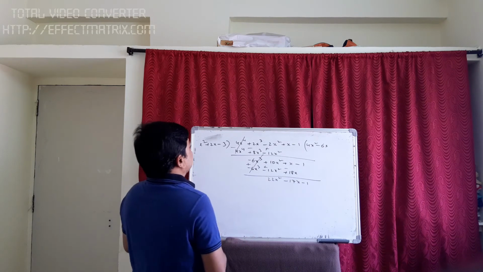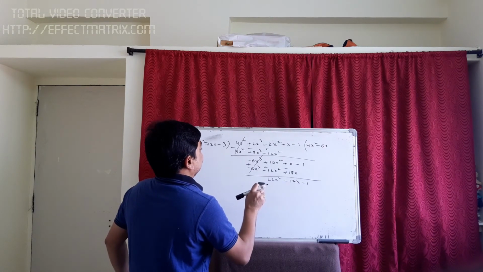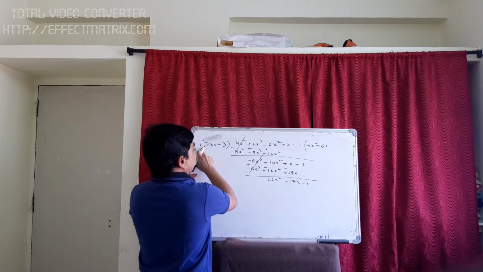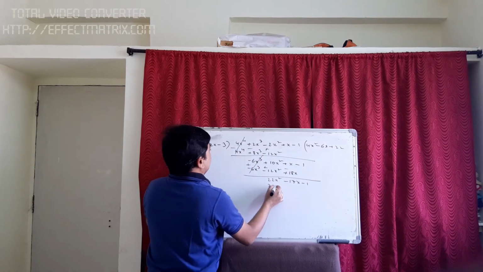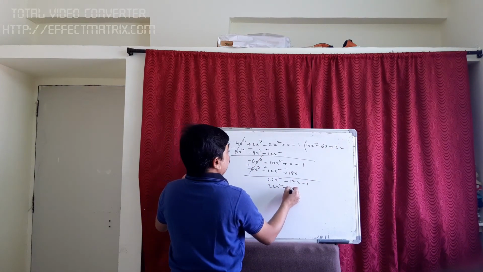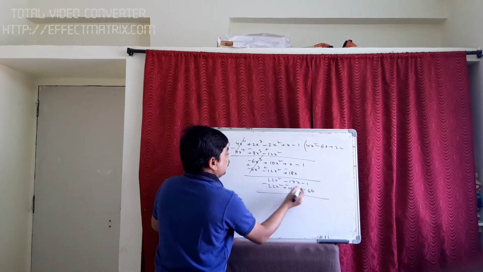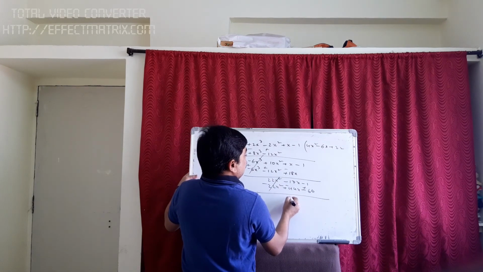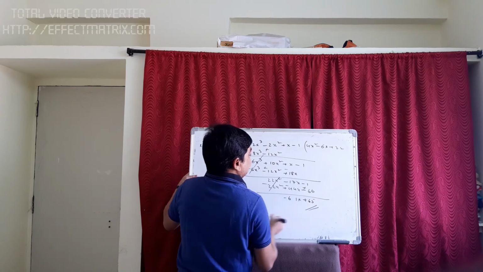See the first and the first again. With what value should this be multiplied to get this? Plus 22. 22x square plus 44x minus 66. Subtract, change the symbol. You will get minus 61x plus 65. This is the remainder.